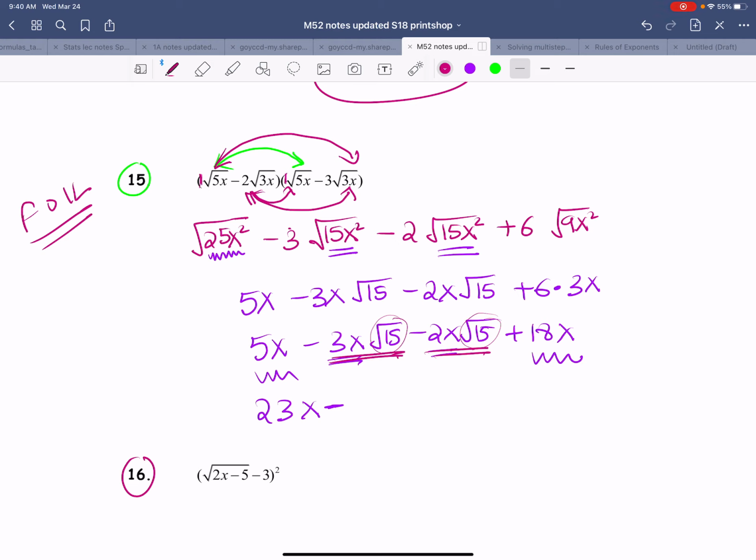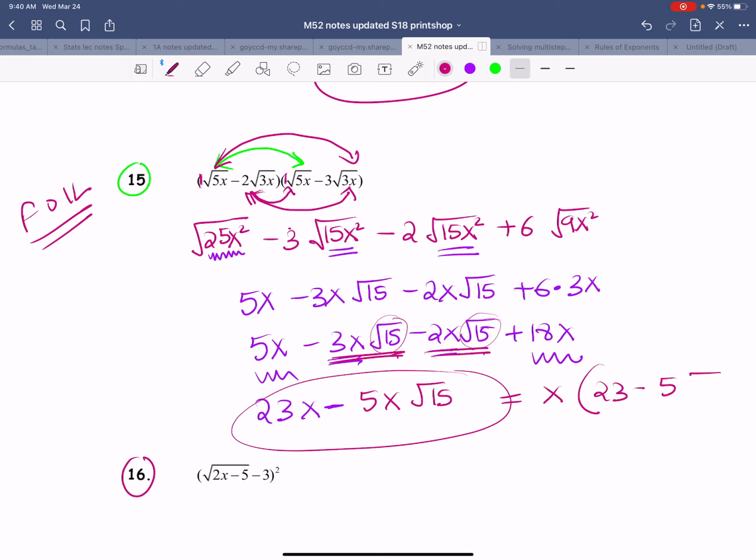So we can combine the coefficients, which leaves me with negative 5x square root of 15. And that's all we can get over here. If you prefer, you can factor out an x, and it would be 23 minus 5 root 15. It's unnecessary, no need to do that, but you can go ahead and factor an x out if you wish to do so.